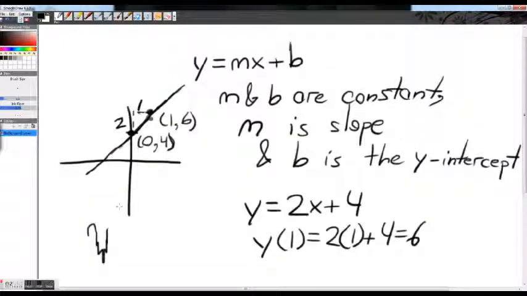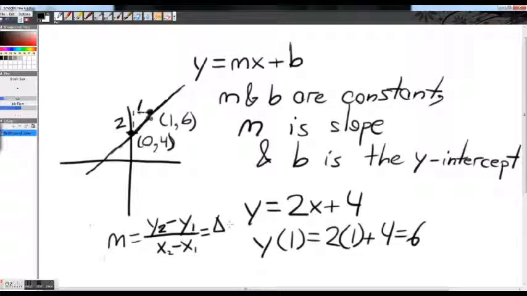So to find the slope, the formula for slope between 2 points is given by this formula: rise over run, or delta y over delta x, which means a change in y over a change in x.